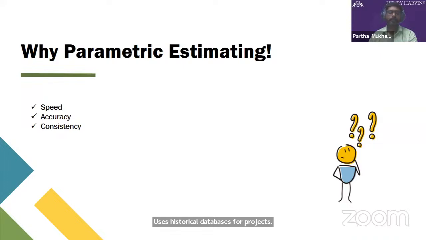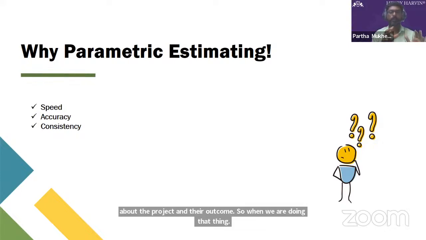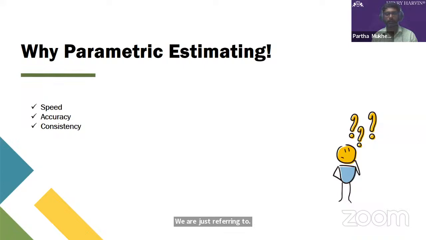So the data should be complete and uniform, covering a large number of parameters about the project and their outcome. We are just referring to an amount of information and data, so we can focus on that. We can get the data, use the mathematical models and the statistics, and get the estimate in a faster manner.